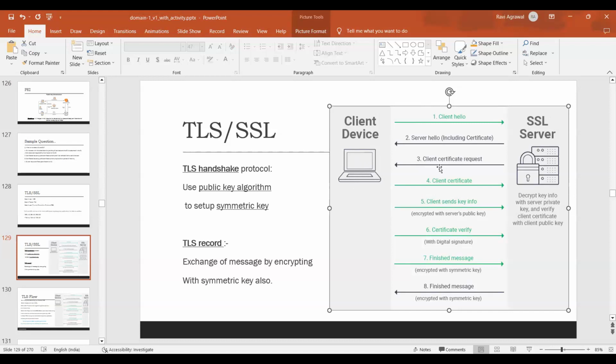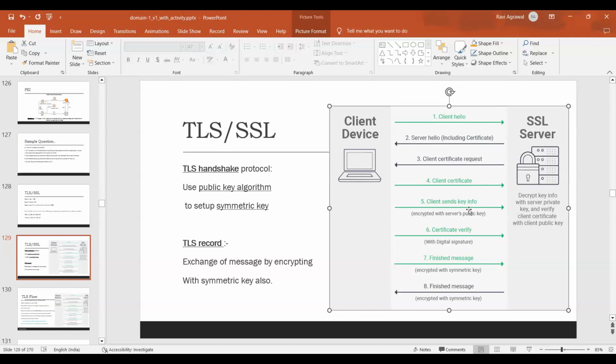So the client certificate is not a mandatory step, though it can be requested by the server if it is a trusted client. Those third and fourth are optional steps. Fourth, the client may send its certificate, or if it is not there, it cannot send it. But the fifth stage is a very important step.